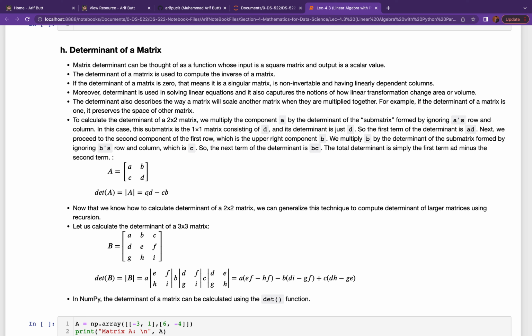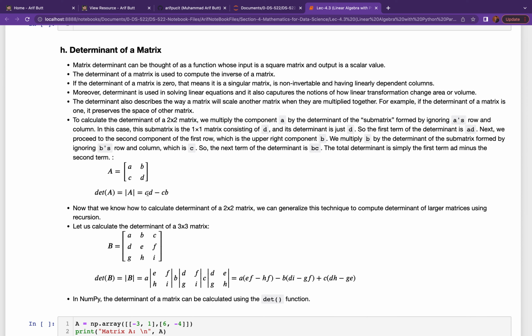And if the determinant of a matrix is 0, that means it is a singular matrix, is non-invertible, having linearly dependent columns. Moreover, determinant is used in solving linear equations. And it also captures the notion of how linear transformation changes area or volume.